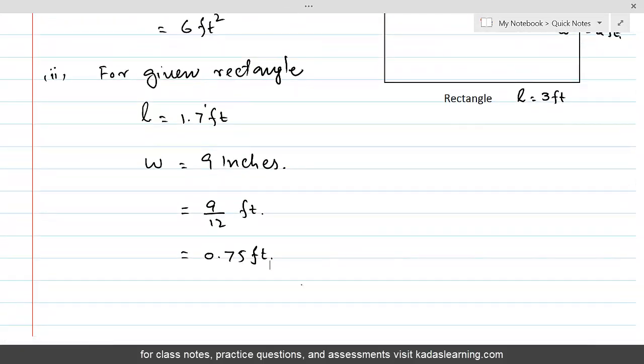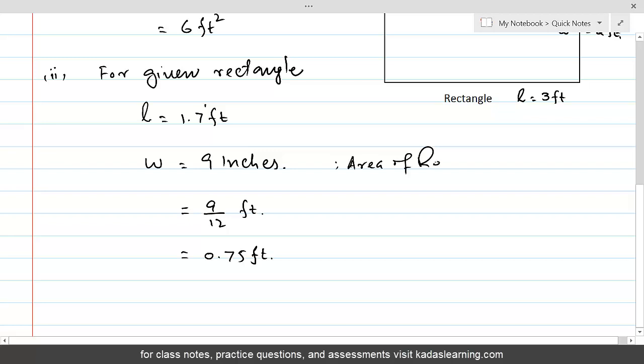Therefore, the area of the rectangle will be equal to length times width like before, and this time this would be 1.7 feet times 0.75 feet.